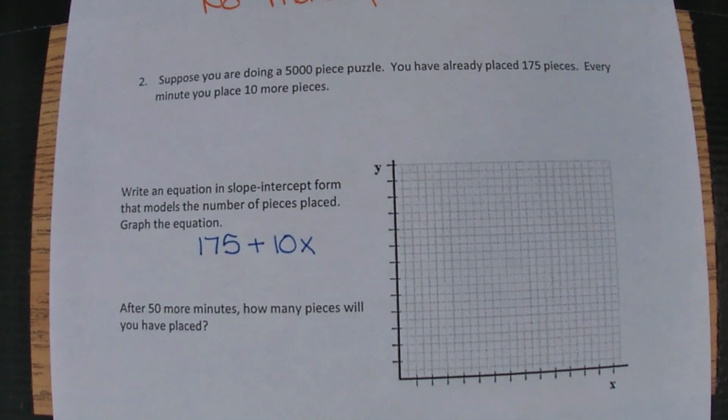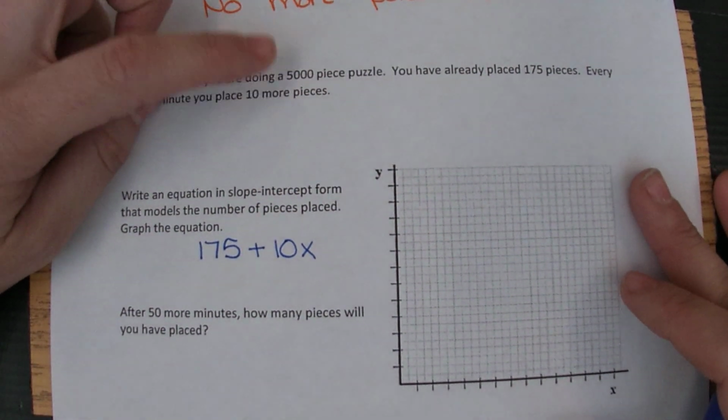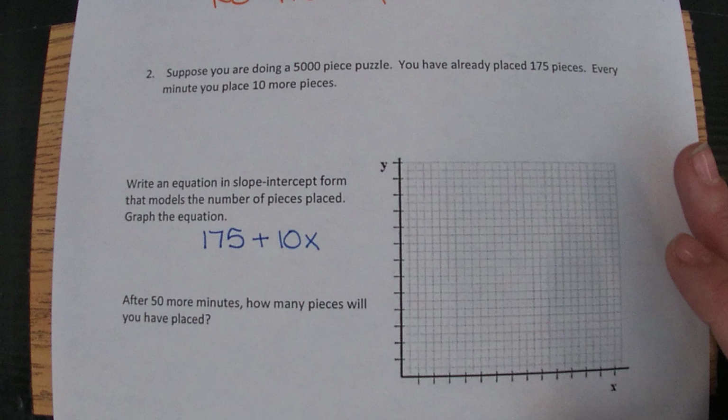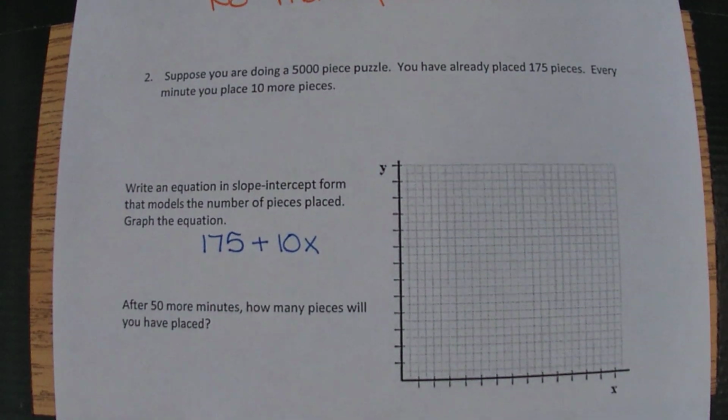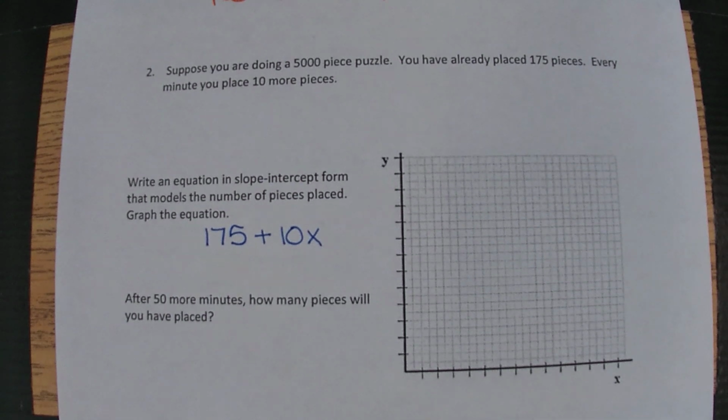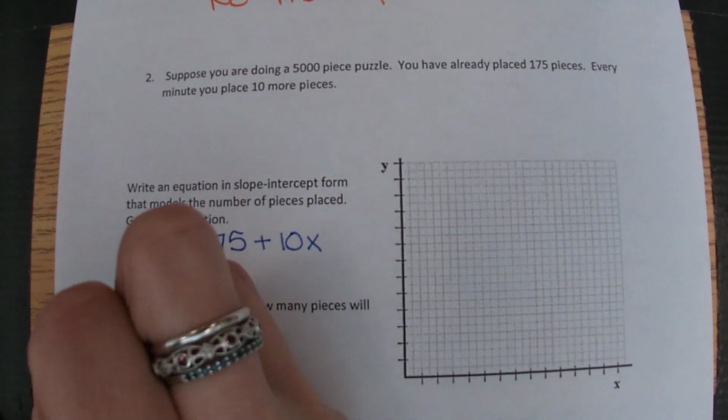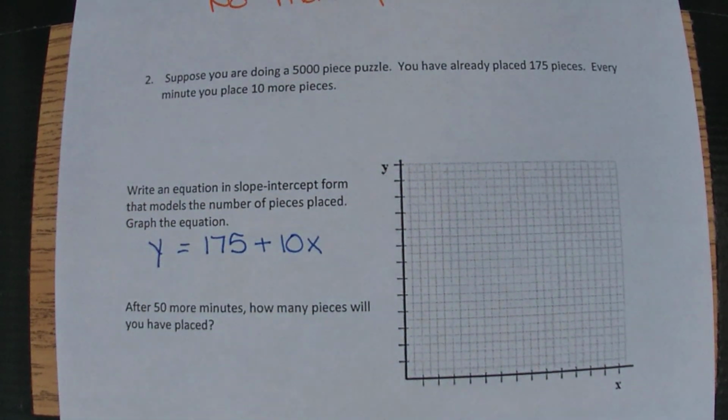The key piece here is that 5,000 isn't something we need to write in our equation. It's not going to tell us how many pieces we have placed. This is just when we don't have any more pieces to place, right? When we've reached 5,000, the puzzle is done. We will be done with our reasonable domain and range. Okay, so for right now, all we need is y equals 175 plus 10x.